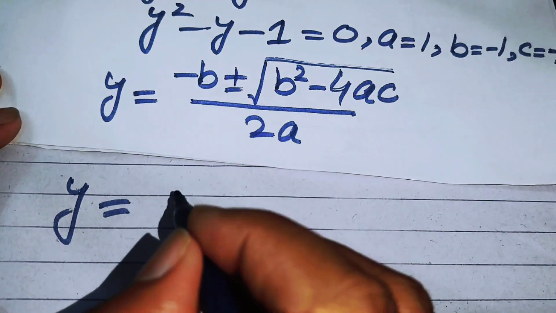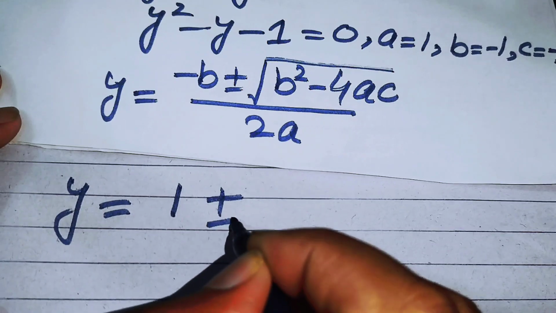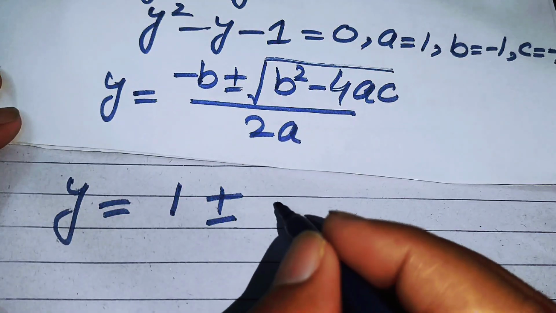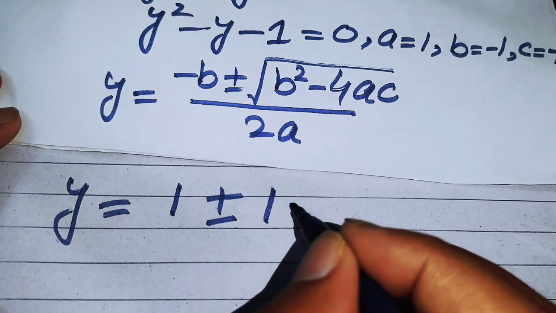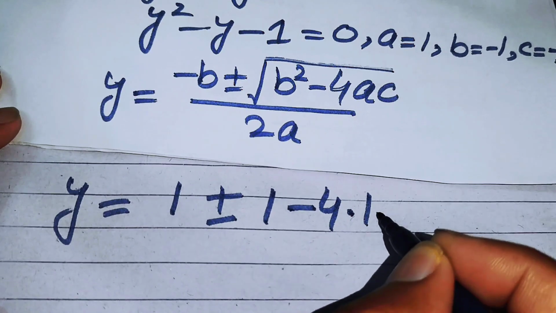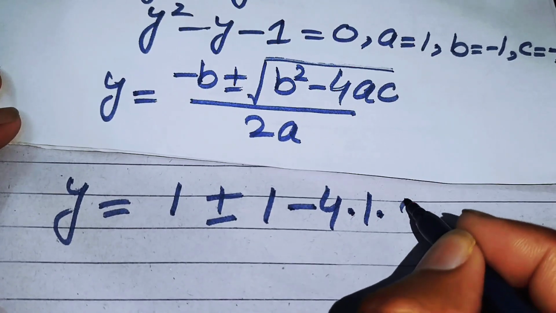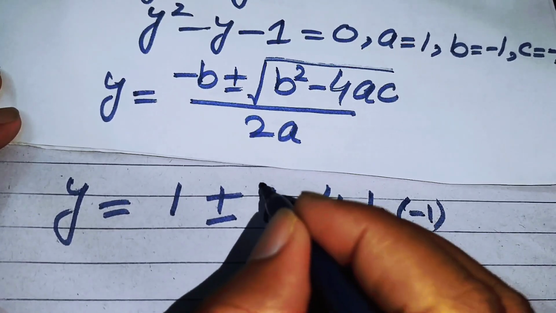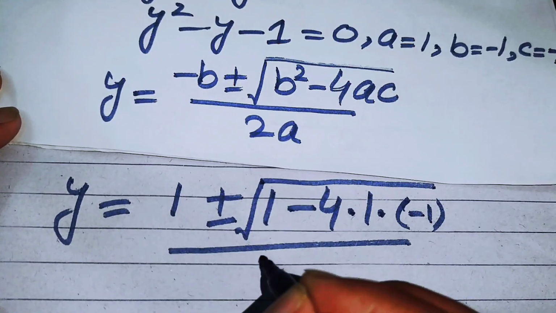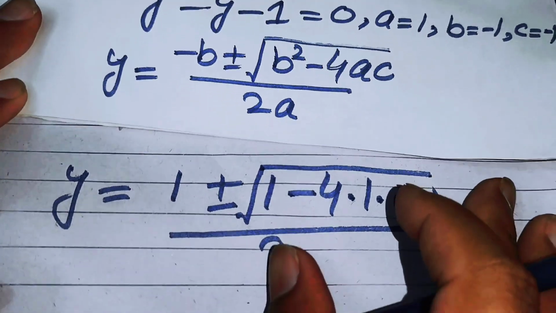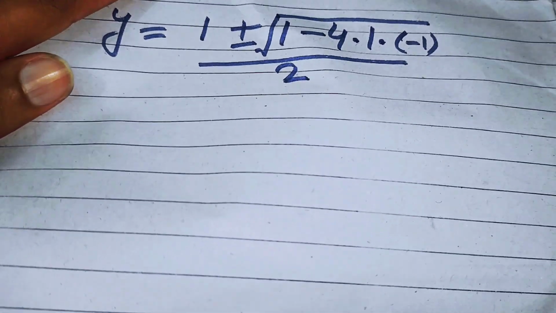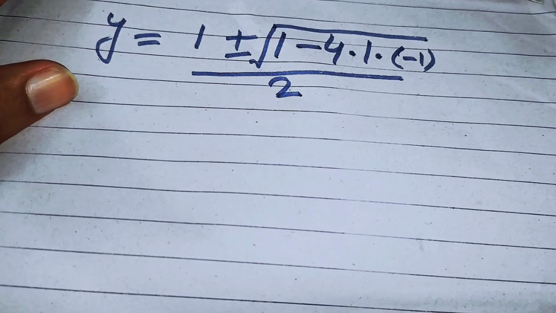When you put it here, it will become plus 1 plus minus, here you have b square, the value of b is minus 1 and minus 1 square is plus 1. Here you have minus 4 times a is 1 and the value of c is minus 1, and its square root over 2. And now we simplify this quadratic term.